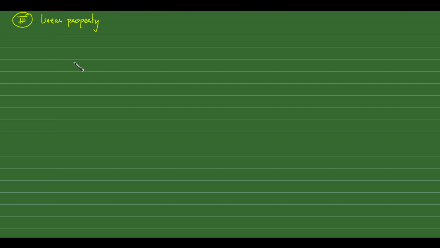Let me change that a little bit. I think I'm going to put property for linear equation. That's way better. The first property is what I call the parallel property.